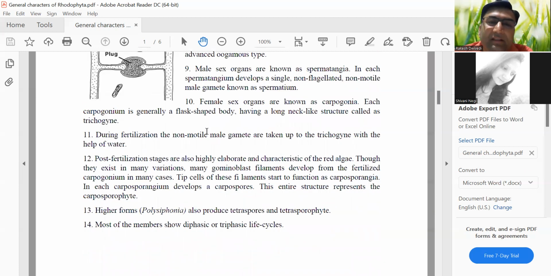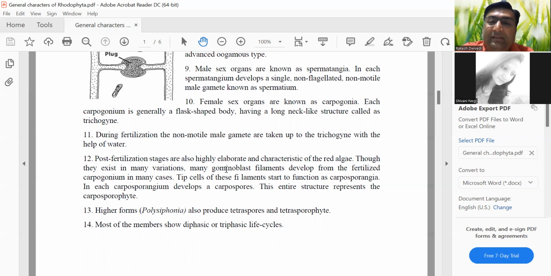Post-fertilization changes or stages are also highly elaborate and characteristic of the red algae. Though they exist in many variations, in many cases gonimoblast filaments develop from the fertilized carpogonium.